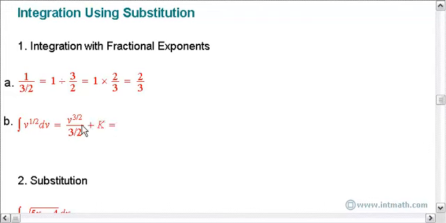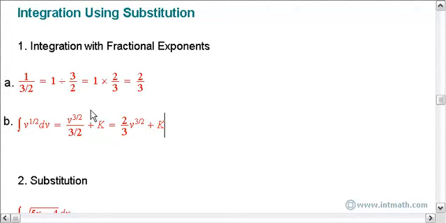Now this looks a bit untidy, but I can use what I had up here. I can just type this as 2/3 of v to the 3/2 and then plus k.